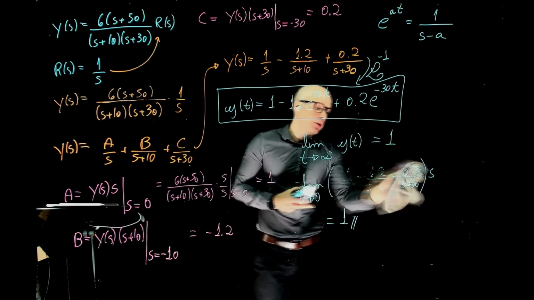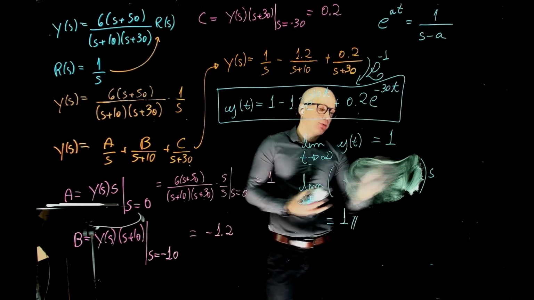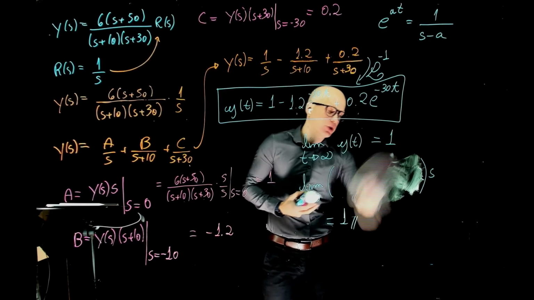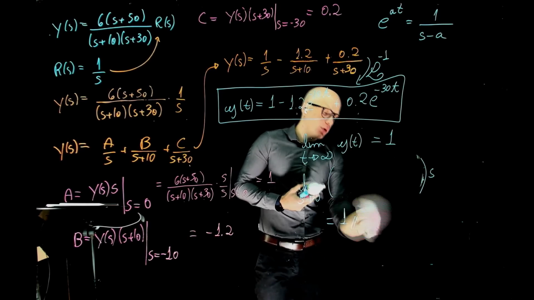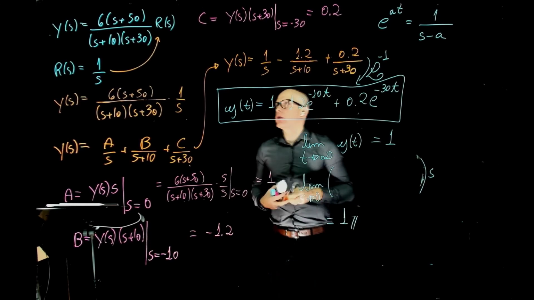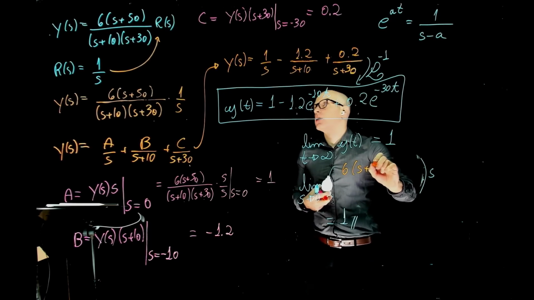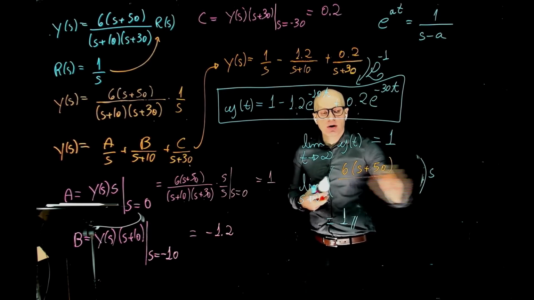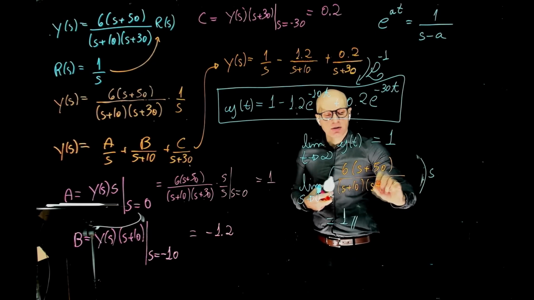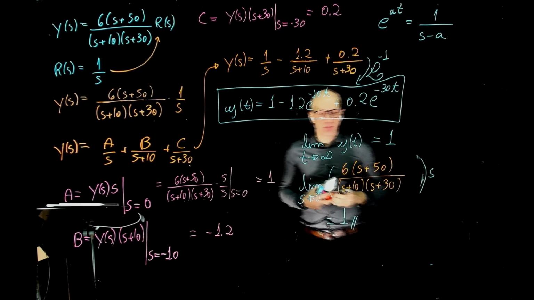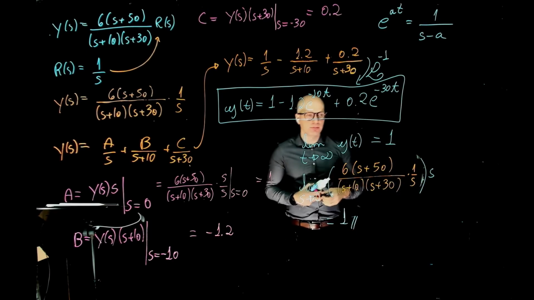I should replace the function here, the original function, and if our partial fraction decomposition was right, now we should get also 1, just to verify our calculations. 6s plus 50 divided by s plus 10, s plus 30, times 1 over s, because that's the input.